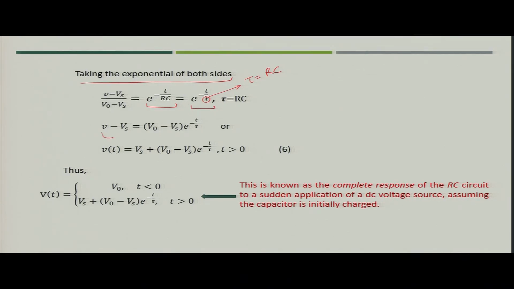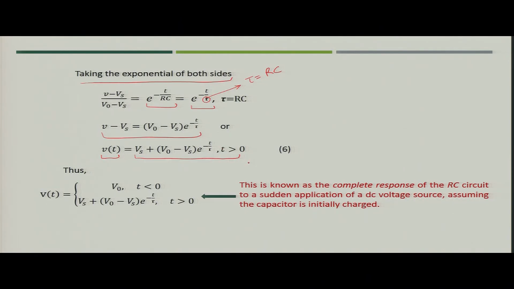This will be simplified as V minus Vs is equal to (V naught minus Vs) into e to the power minus t by tau, or you can simply say that V(t) is equal to Vs plus (V naught minus Vs) e to the power minus t by tau. Now, this condition is valid only for time t greater than 0.